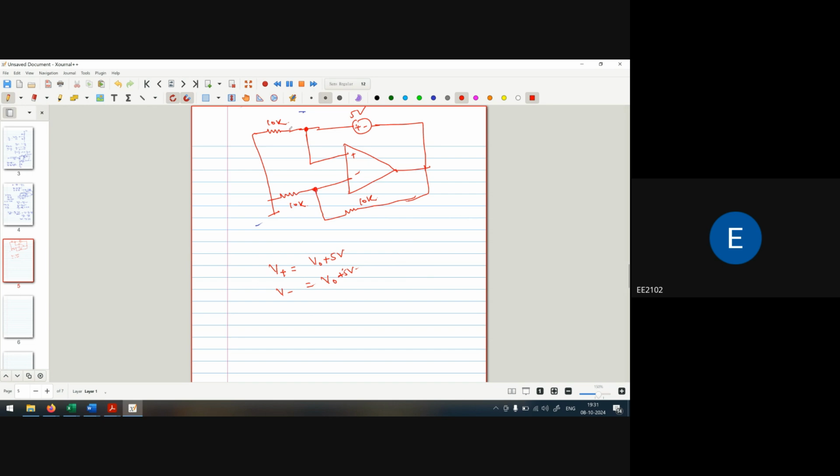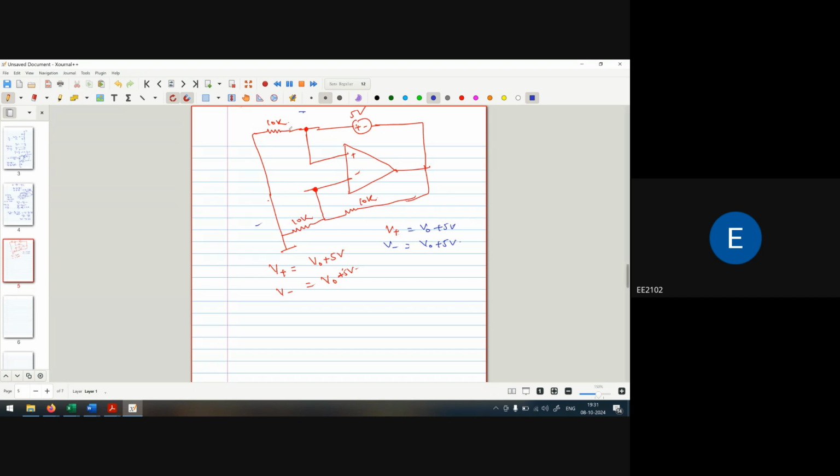So that means the voltage at this point is also the same, I can put it down. So V plus is equal to V0 plus 5 volt and V minus is equal to V0 plus 5 volt.